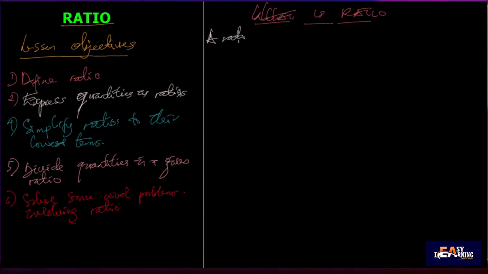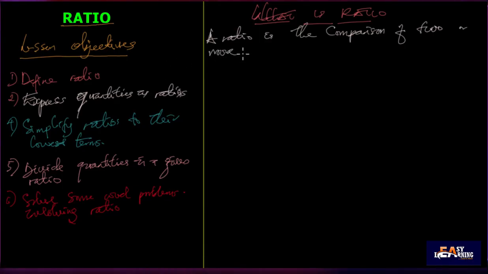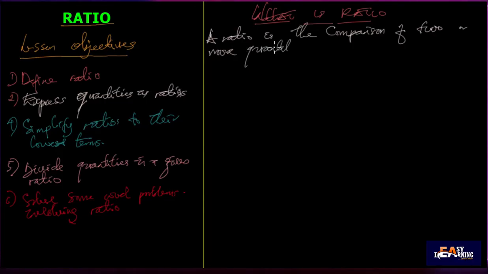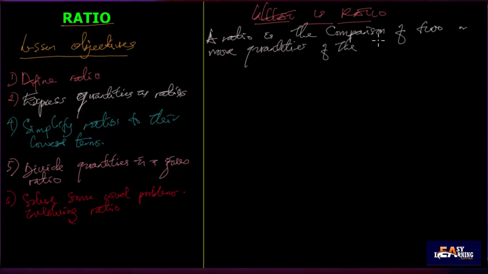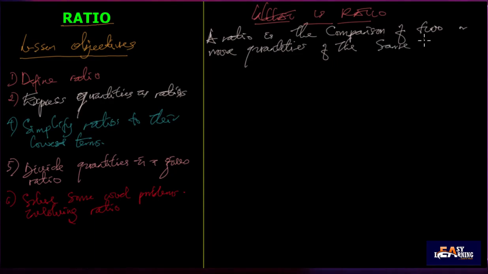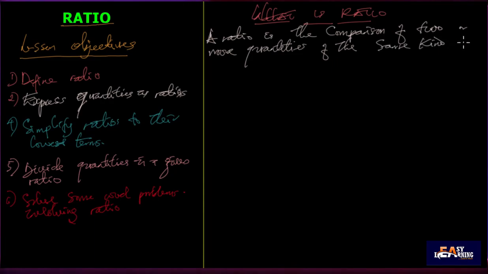A ratio is a comparison of two or more quantities of the same kind, and we do that by division.